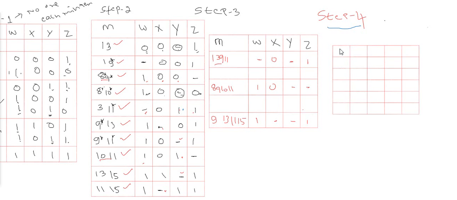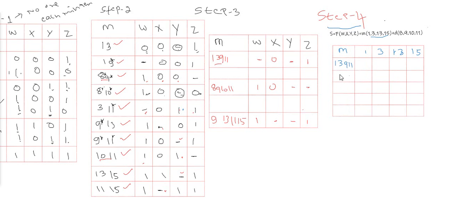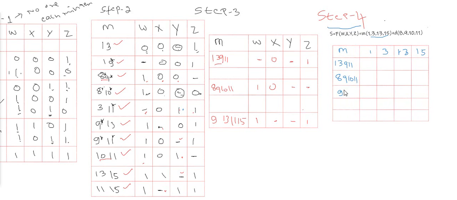In this we have to take the minterms, m, and then the column, whichever is given. In this the given ones are 1 3 13 15. Whichever are don't care conditions, don't take here. So only take wherever the 1 is present, that is 1 3 and 13 15. So these are the columns, and whatever grouping is there in step 3, just copy it: 1 3 9 11, then 8 9 10 11, and then 9 13 11 15.